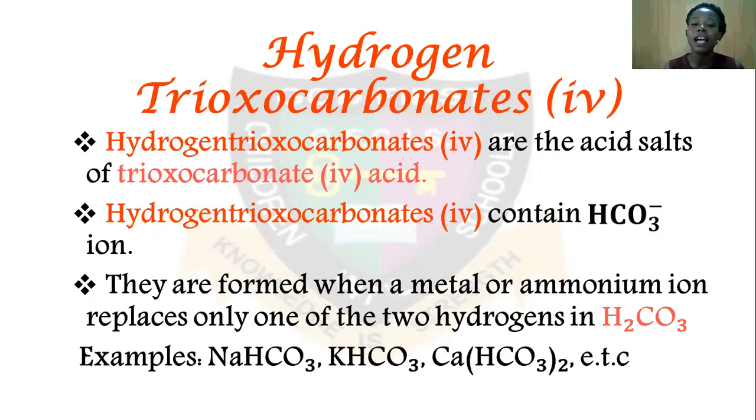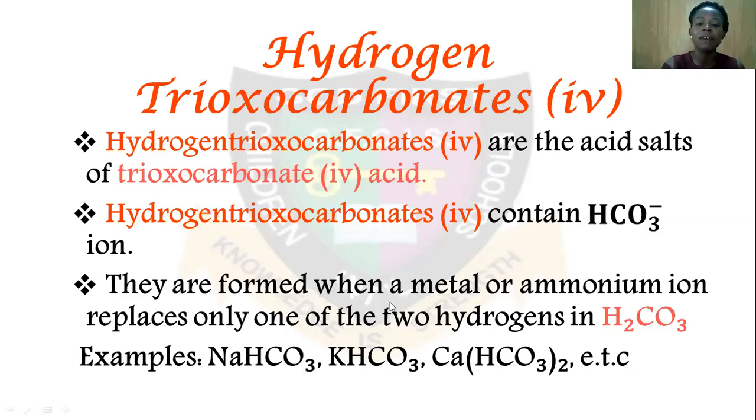The ion that hydrogen carbonates contain is HCO3 minus, and they are formed when a metal or ammonium ion replaces only one of the two hydrogens in carbonic acid. Hope you get that.